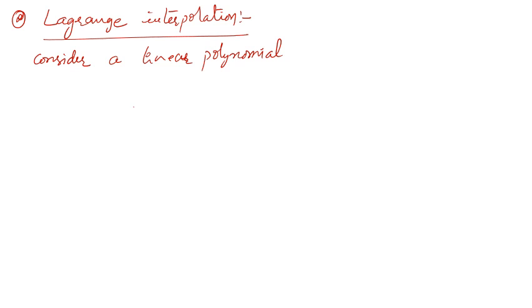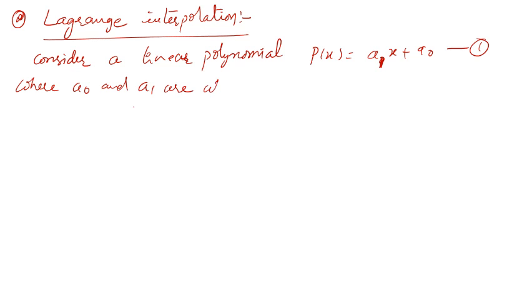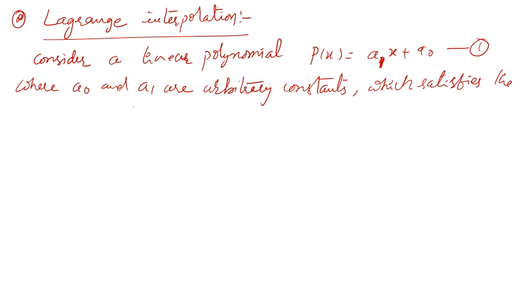I am writing again: P of x equal to a1x plus a0, equation 1, where a0 and a1 are arbitrary constants which satisfy the interpolating conditions.